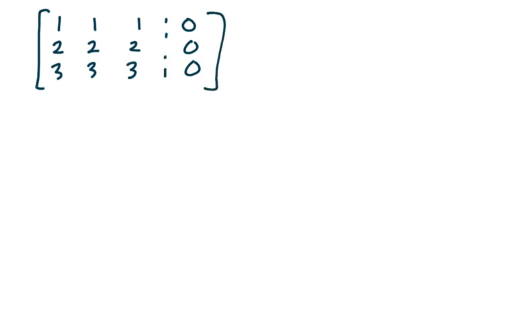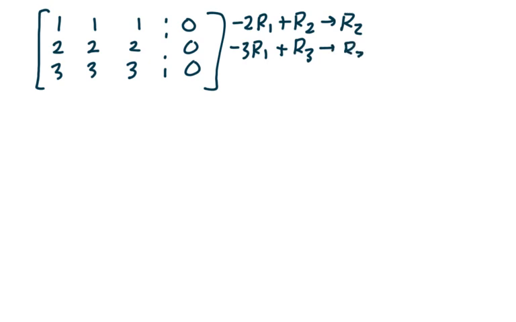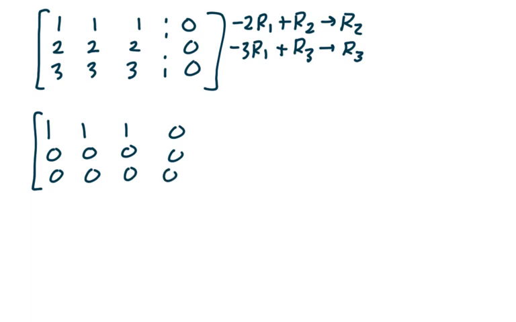Now, I'm going to take -2 row 1, add it to row 2, put the result back into row 2. I'm going to take -3 row 1, add it to row 3, put the result back into row 3. And when that occurs, we get 1, 1, 1, 0, 0, 0, 0, 0, 0, 0, 0, 0.